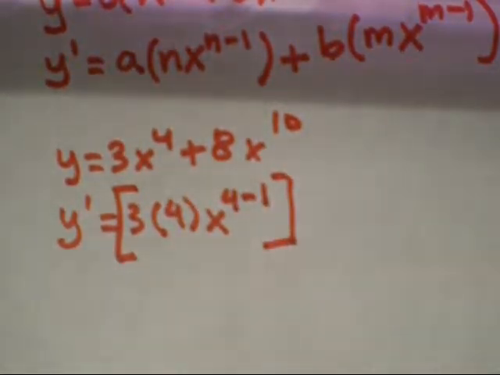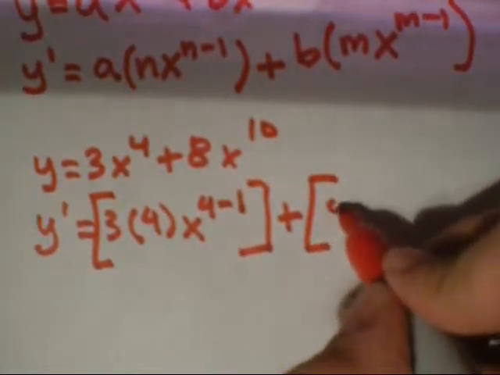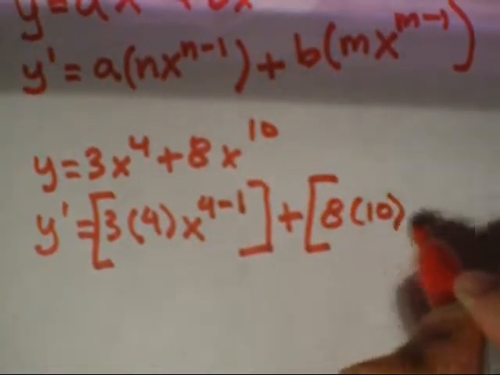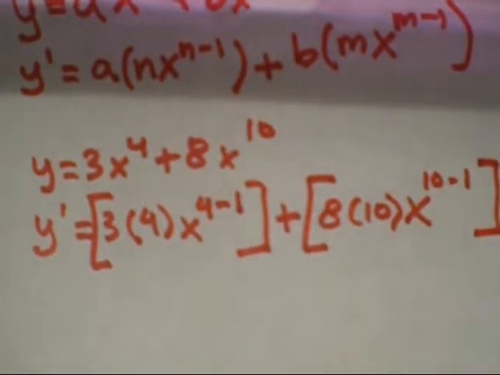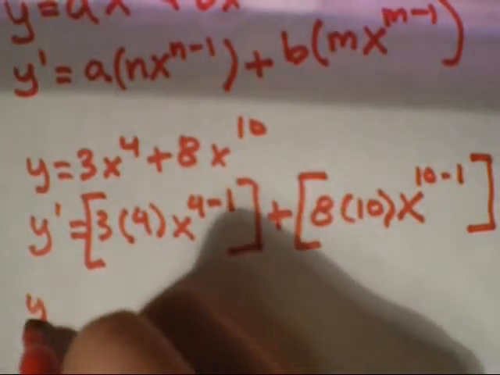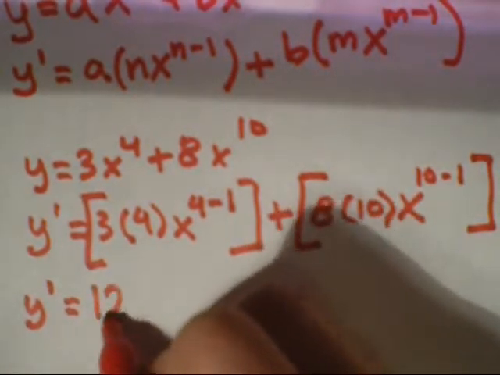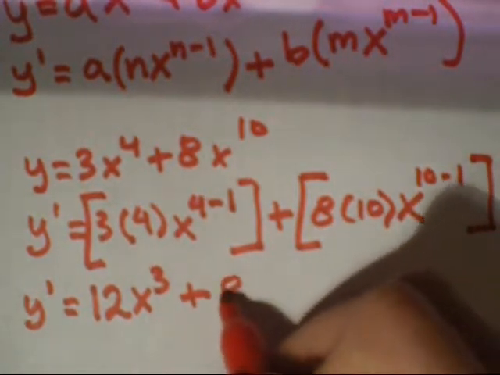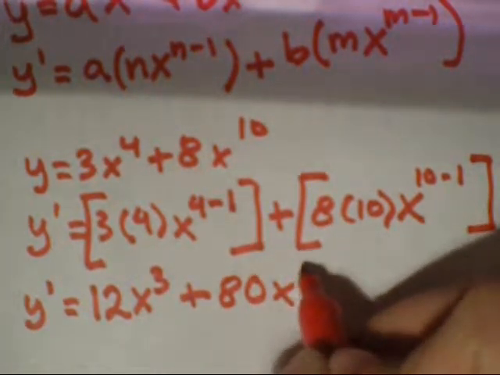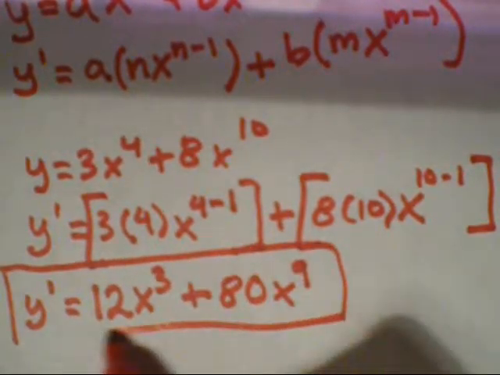This is our first derivative right here, plus 8 times 10x to the 10 minus 1. Then if we simplify that, we get our derivative to be 12x to the 3rd plus 80x to the 9th. And that would be our final answer right here.